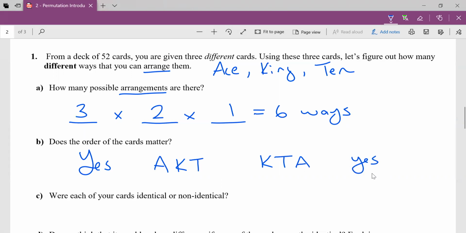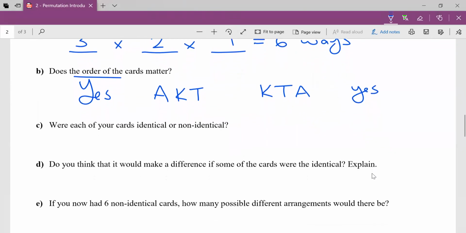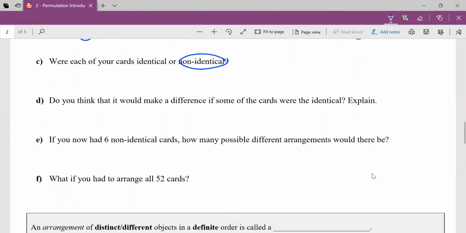That's a really important question today. Does order matter? Were your cards identical or non-identical? They're non-identical. I can tell the difference between them. Do you think it would make a difference if some of the cards were identical? Well, yeah, sure it would. Say for some reason they made a mistake in the deck of cards and they gave me 2 ace of spades that were the same.